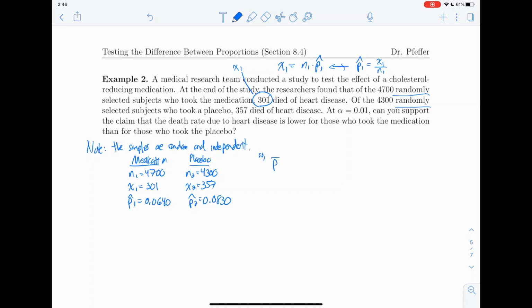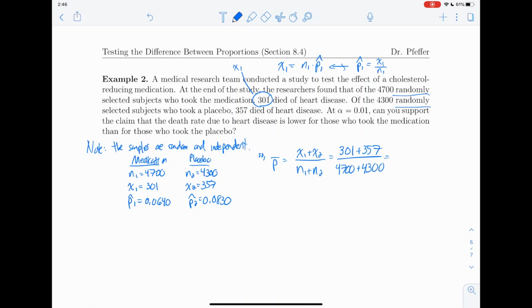So P bar, which remember the formula for P bar is X1 plus X2, so the sum of the X's over the sum of the N's. X1 is 301, X2 is 357, whereas the sample sizes are 4,700 plus 4,300.